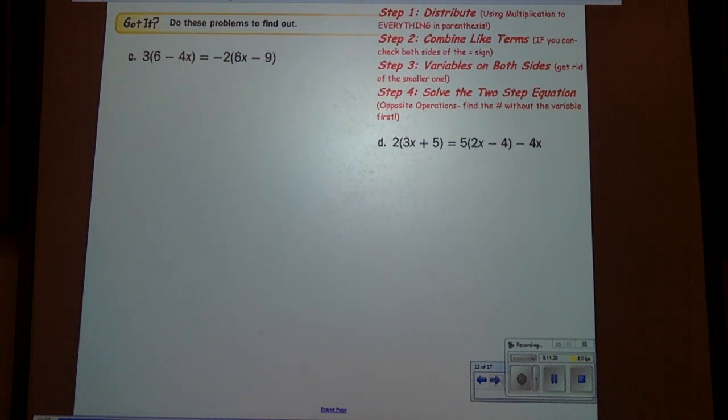Okay, again, step 1, distribute. So we're going to distribute the 3 to the 6 and to the 4x, and the negative 2 to the 6x and 9. And you get 18 minus 12x equals negative 12x plus 18.